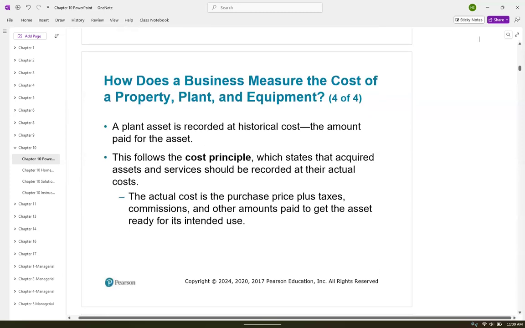We are following US GAAP accounting, so we are going to follow the cost principle. The cost principle states that we're going to record it at the cost, not the fair market value. I've told this story before: many years ago, my husband and I bought a minivan after a tornado hit this car lot. We only paid like $12,000 for this minivan, and it didn't have any windows.